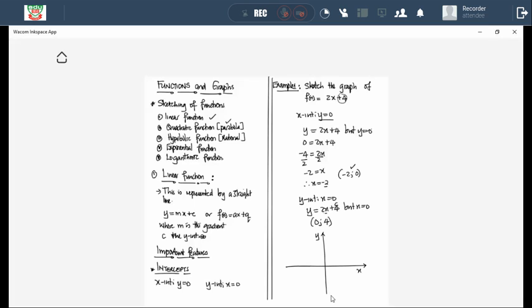Don't show us negative 1, negative 2, negative 3. It's a waste of time. It's a sketch. You just come straight and say, this is where my negative 2 is. Then 0 and 4, you just label 4 there. So my graph is going to cross there and it's also going to cross there. Then you take your ruler.